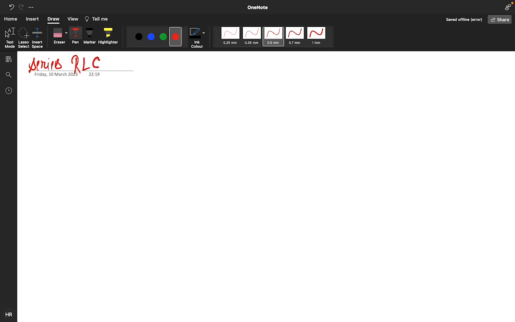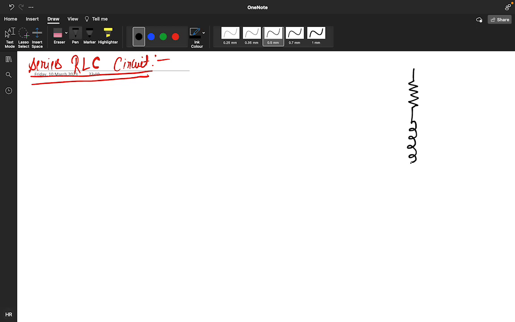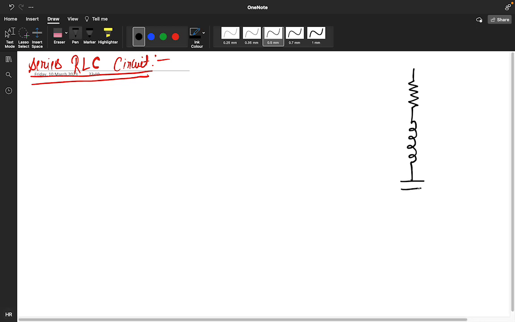You don't need to remember any formula, just understand the concept for network theory. So this is the resistance R, this is your inductor L, and this is your capacitor C.